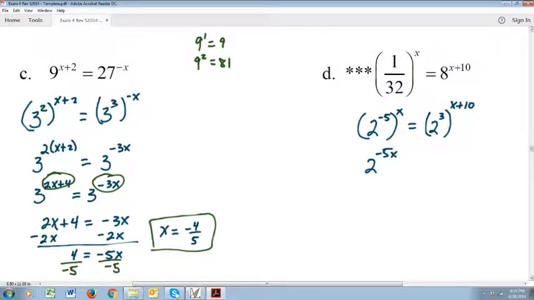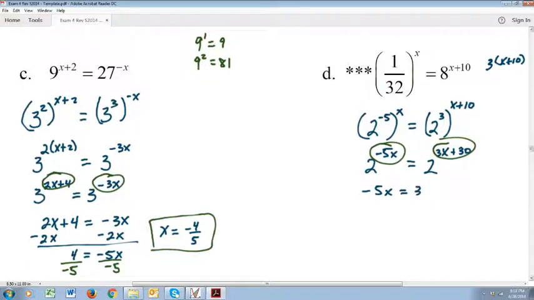And notice when we multiply 3 times x plus 10, we do have to distribute. We're really doing 3 times x plus 10, and so we get 3x plus 30. So again, we can set our exponents equal, because that's the only way. If you have two powers of 2 that are equal, the exponents must be equal as well.